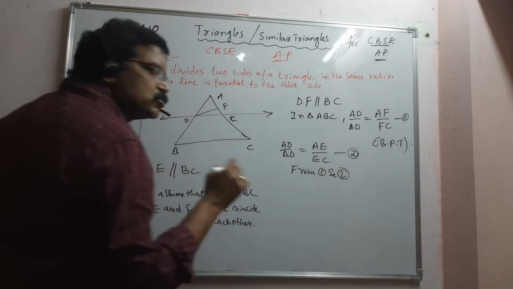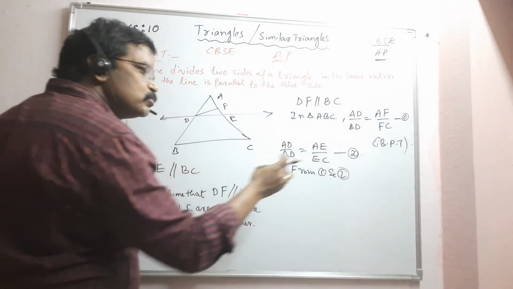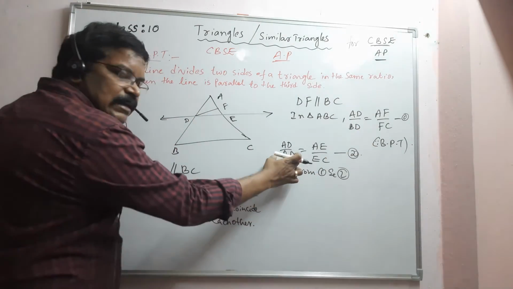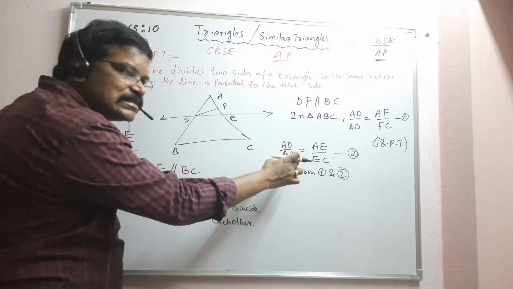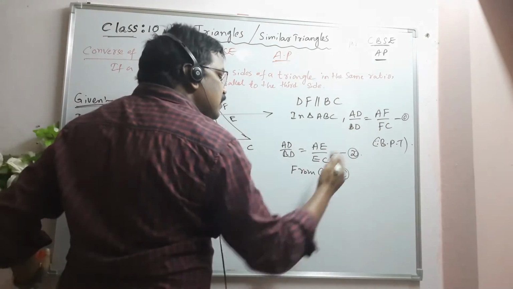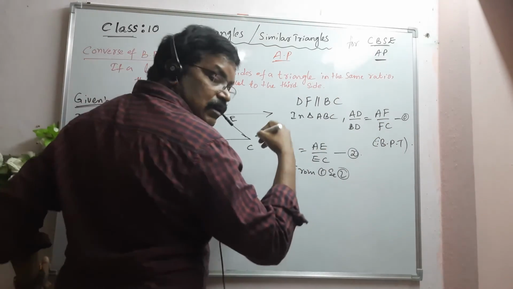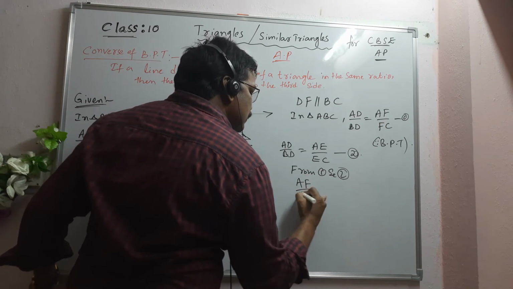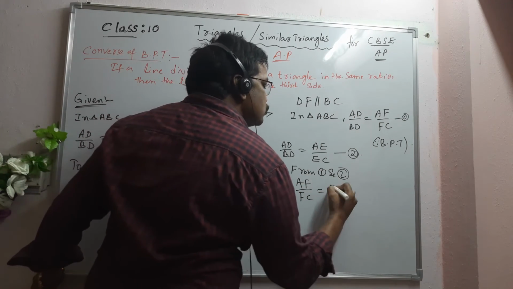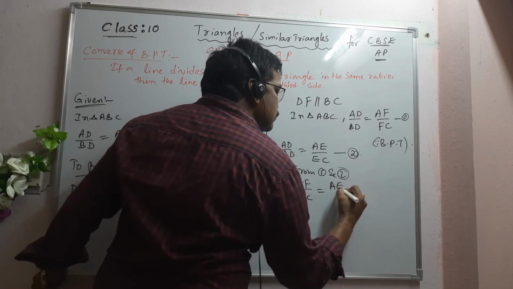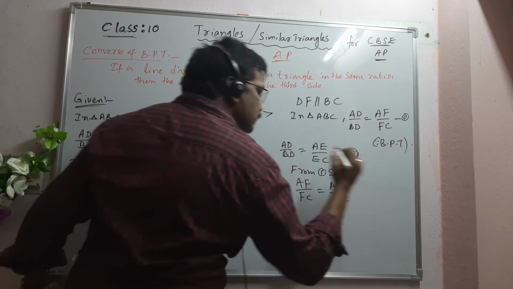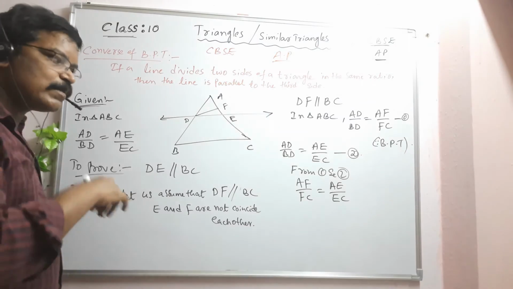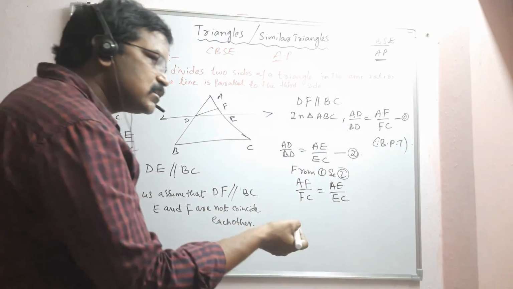Both left hand sides, AD by BD, are equal. Then we can equalize the right hand sides. That means AF by FC is equal to AE by EC.